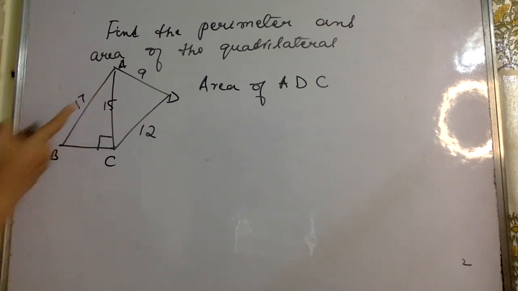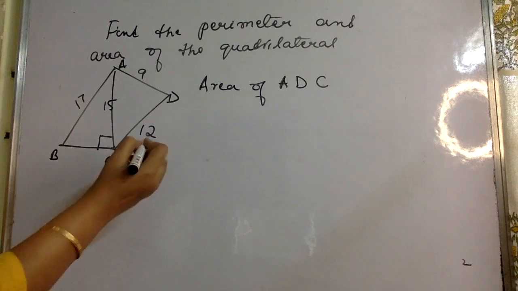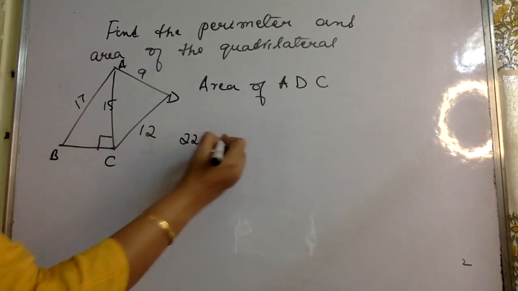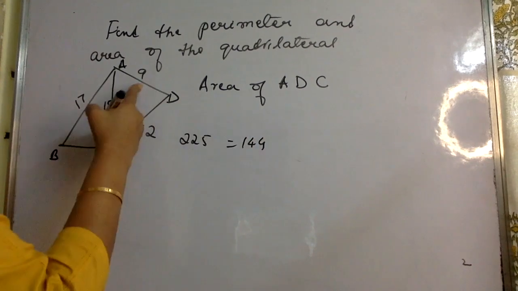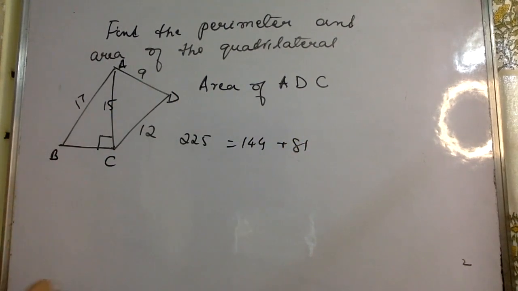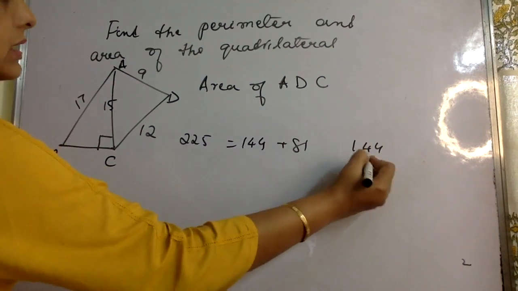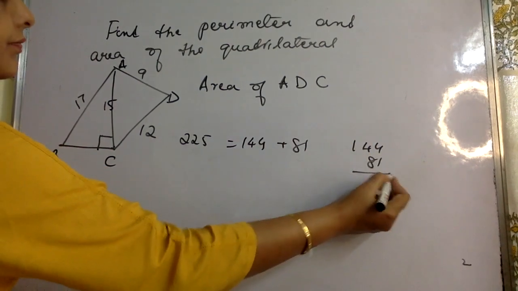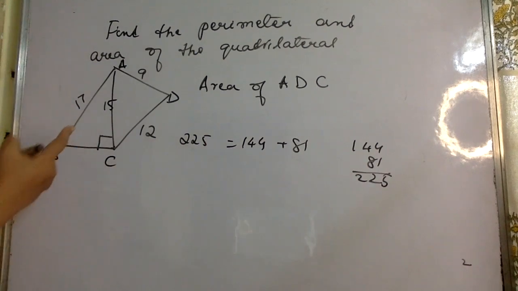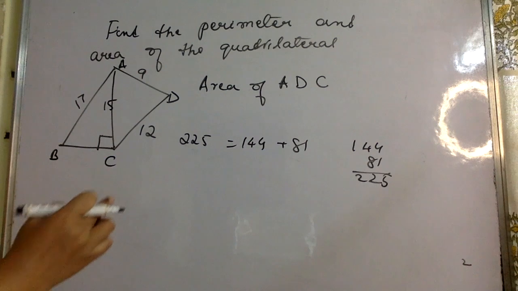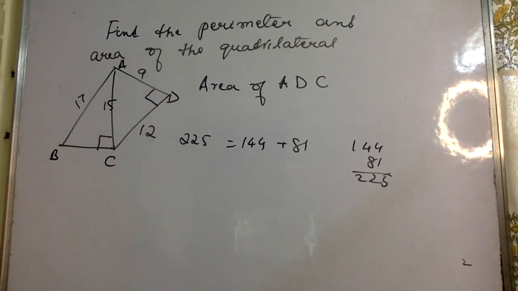Square of this is 225, square of this is 144 and square of this is 81. So 144 plus 81, how much is it? 225. So I can see that the square of this is equal to the sum of the squares of these two. That means I have to understand that this is a right angle triangle.